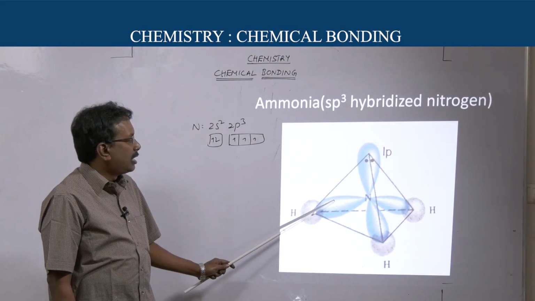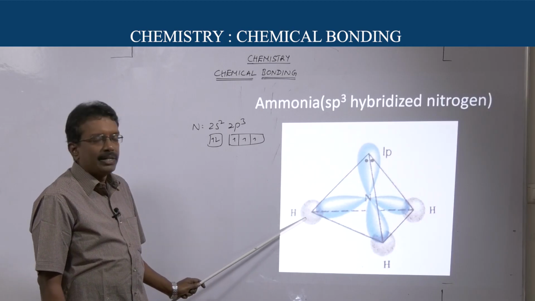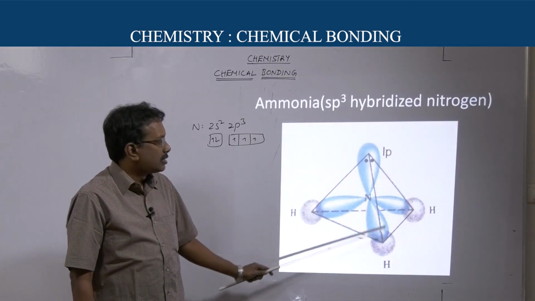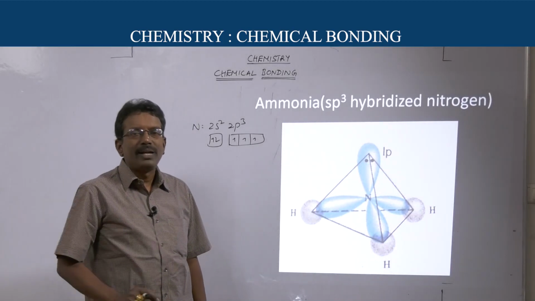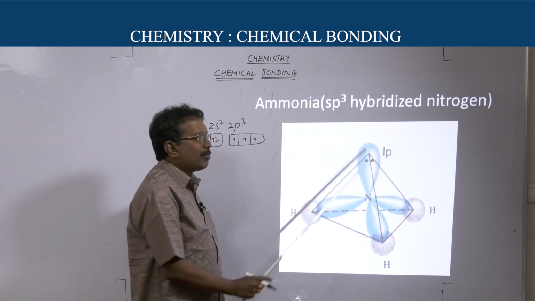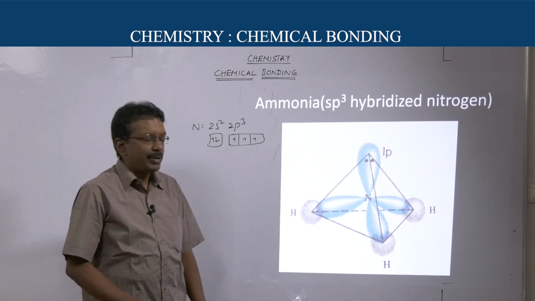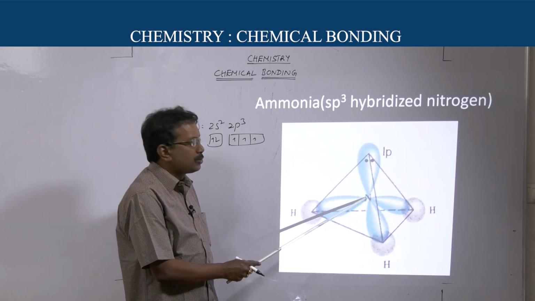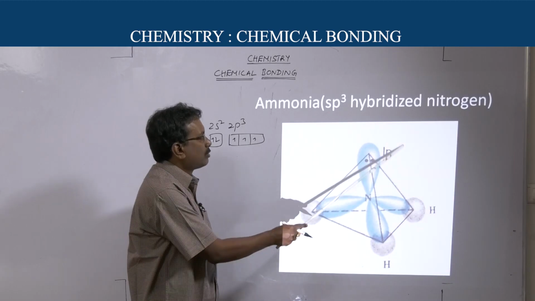Now, this blue colored sp3 hybrid orbital of nitrogen overlaps with the s orbital of hydrogen. So, sp3-s. That means in the case of the ammonia molecule, total 4 pairs are there. Out of 4, one is a lone pair, the remaining 3 are bond pairs, and those bonds are formed by sp3 and s overlapping. This lone pair totally belongs to the central atom. That is why this lone pair occupies more space around the central atom.